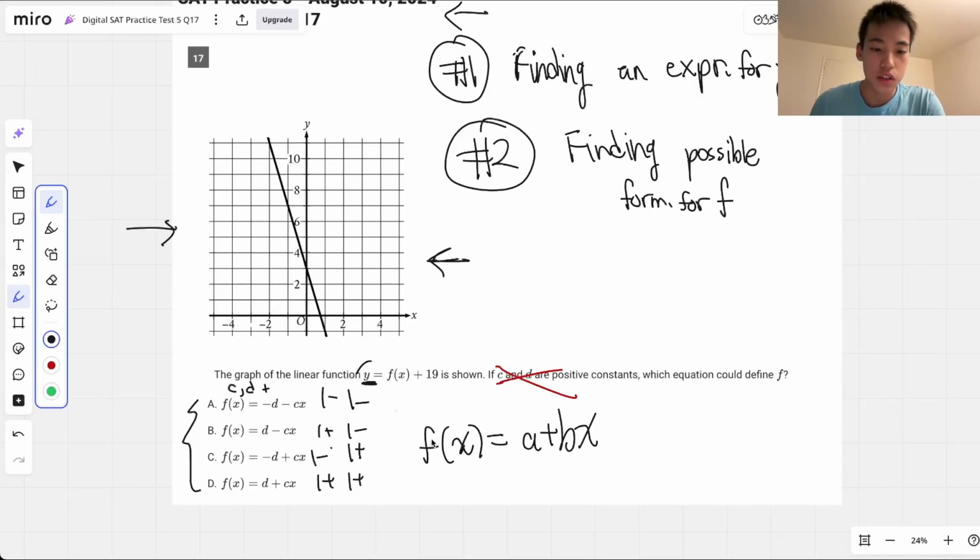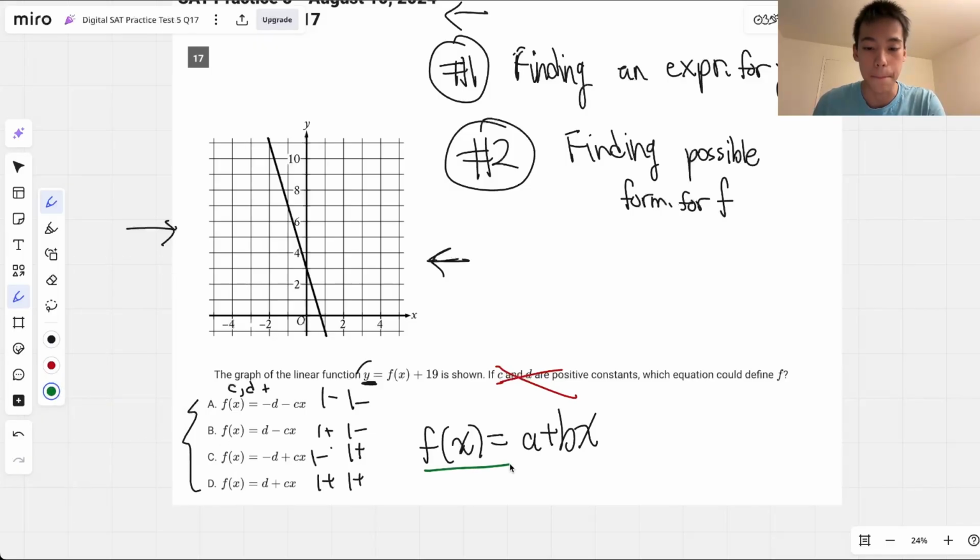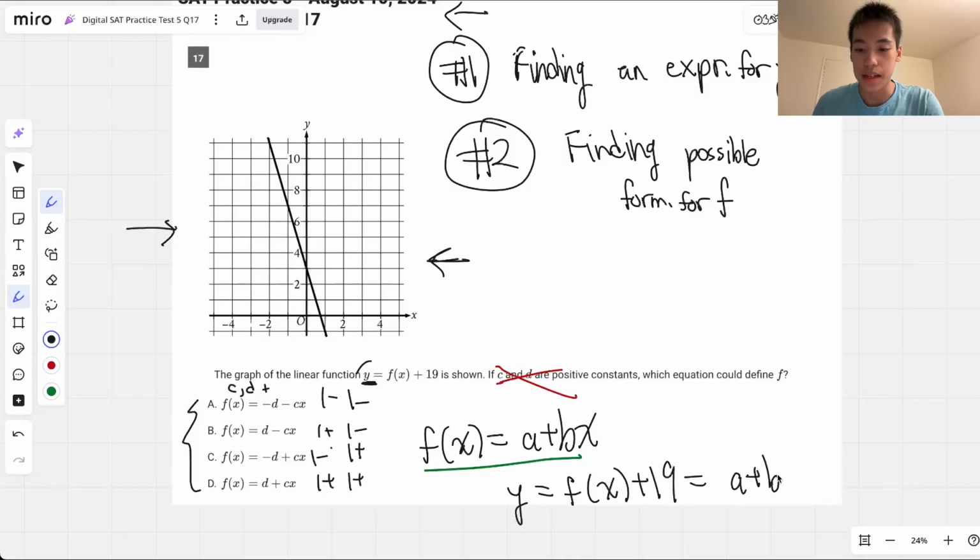So assuming this form, a plus bx, we can say that y is just 19 more than f of x. And so y equals f of x plus 19 becomes y equals a plus bx plus 19.